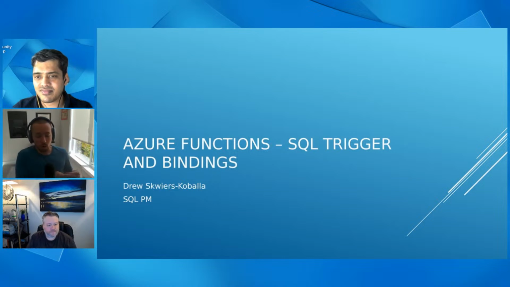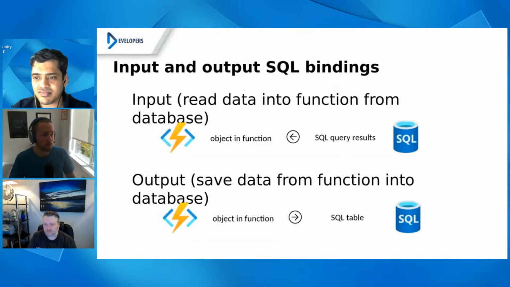One of the core things that Ram showed, where your connection string goes in the app settings, is fantastic because it means that your connection string is never in your code. That's just one of those best practices that we're really trying to encourage through how we have set up these different data-oriented bindings for functions.